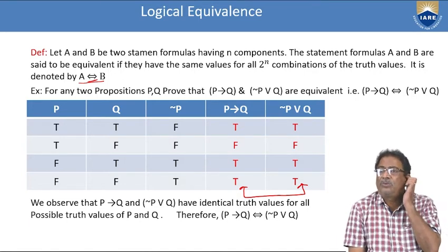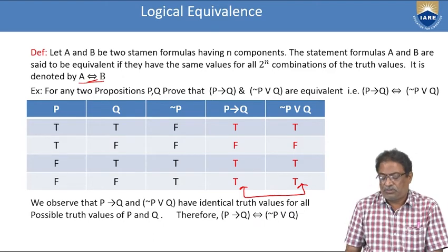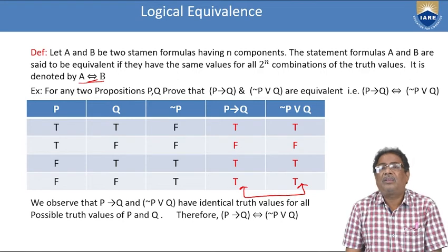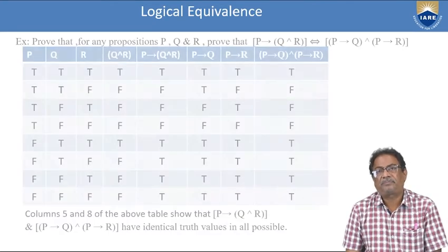Otherwise, we go for the other method. So first is logical equivalence, which we show by using a truth table. After that, we are going to use a derivation method, or else we are going to use some formulas.